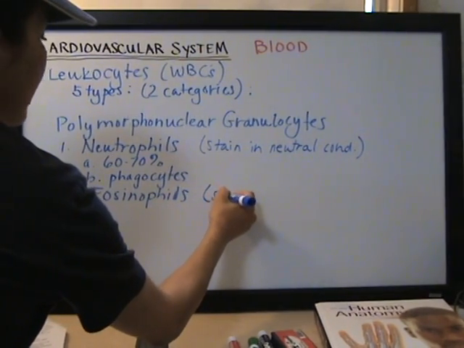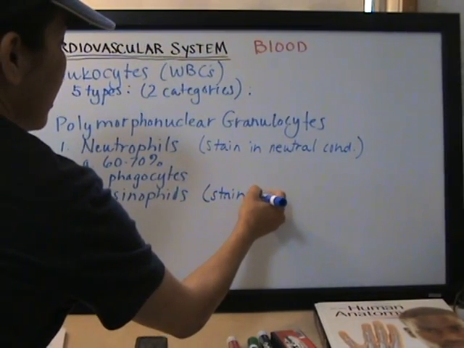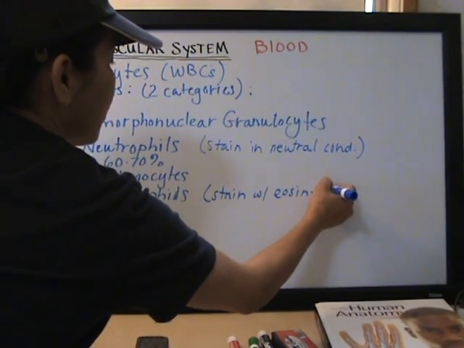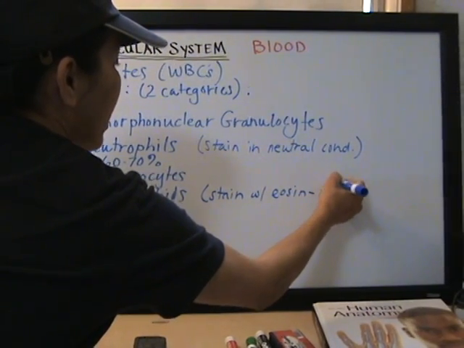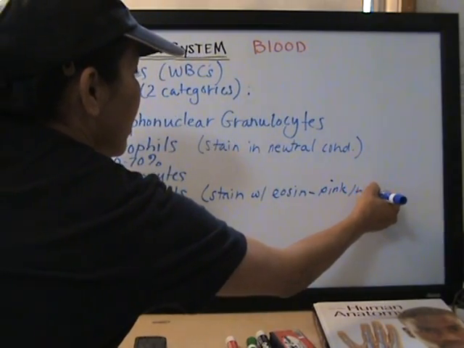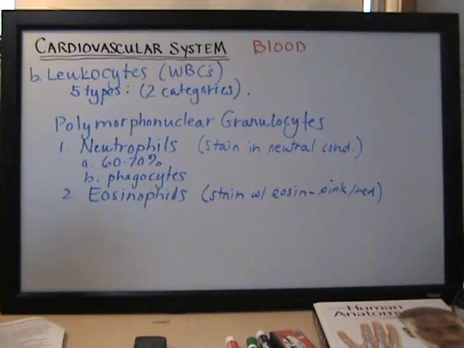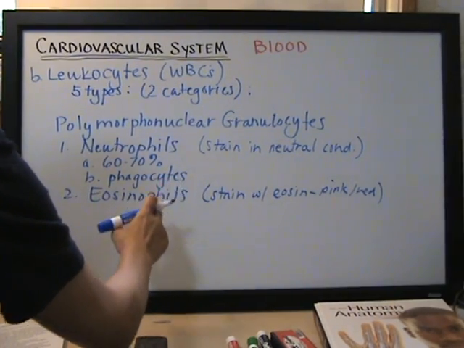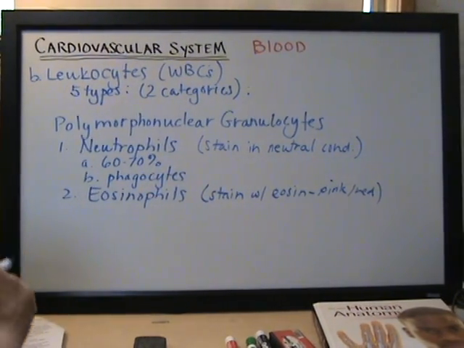Eosinophils, the granules stain with a stain called eosin, which is pink or bright red. So it's easy to see them under the microscope, because the granules stain bright pink or red.